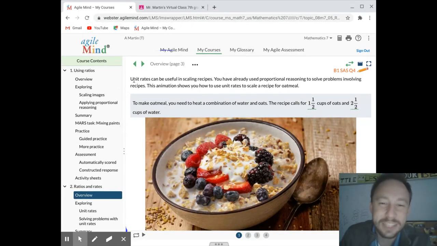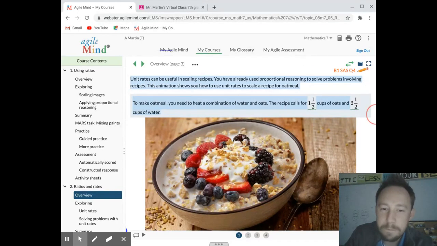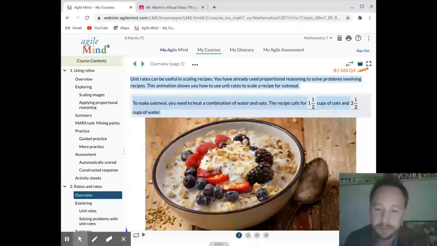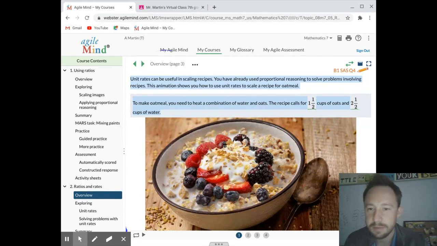All right, let's read this one. Number 3. Read this for us, Zayden. Unit rates can be useful in scaling recipes. You have already used proportional reasoning to solve problems involving recipes.